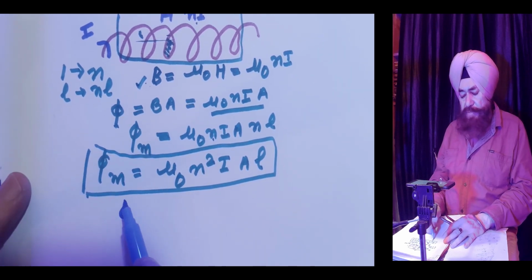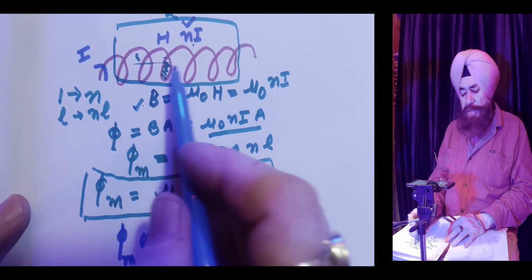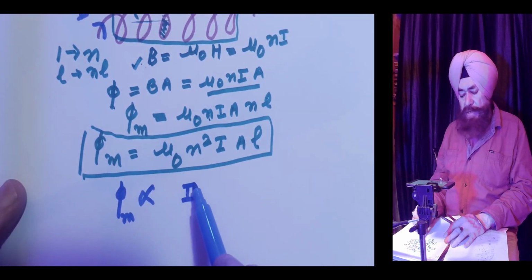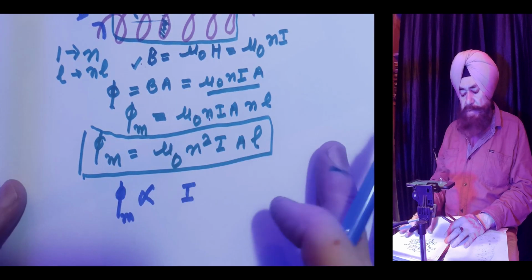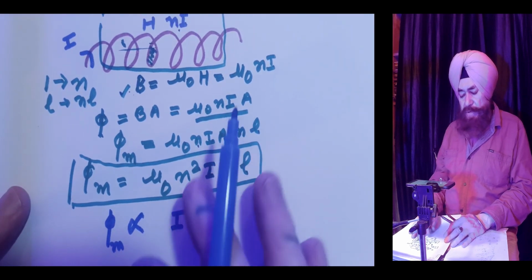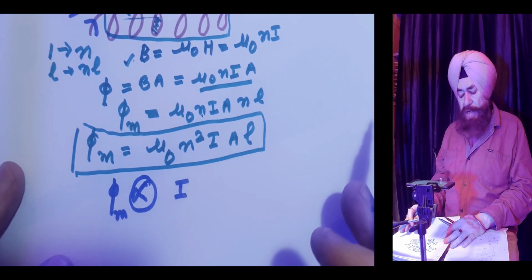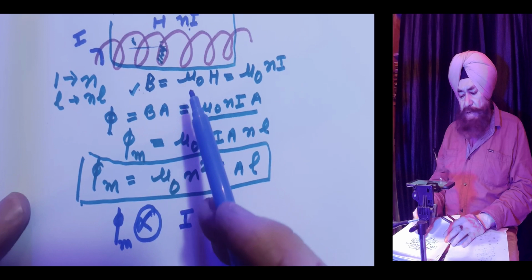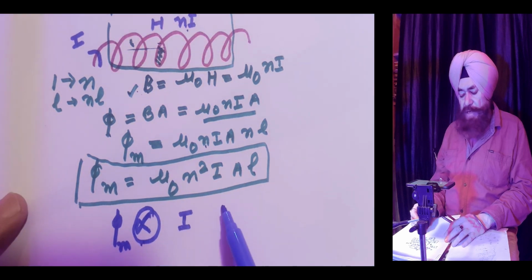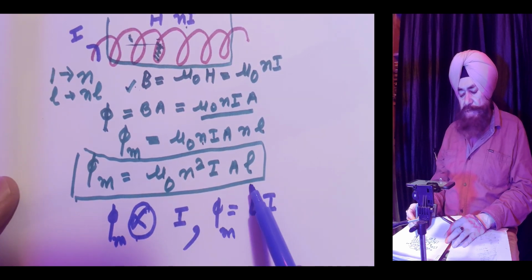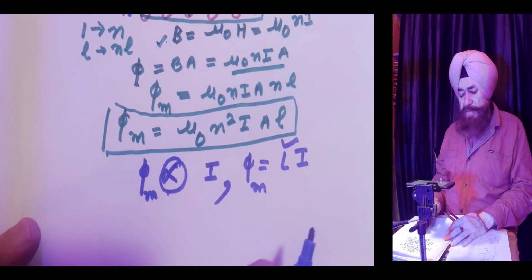The flux linked with the solenoid is proportional to the current which is passing. Because this is a single coil having self-induction, the proportionality sign can be replaced by a constant L. L is called the coefficient of self-inductance.